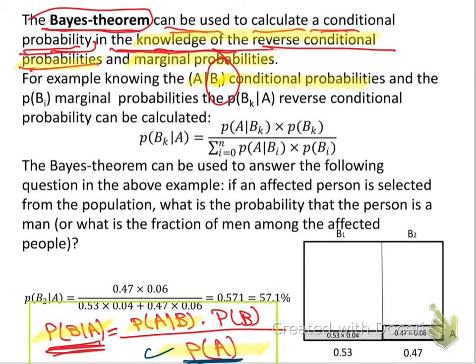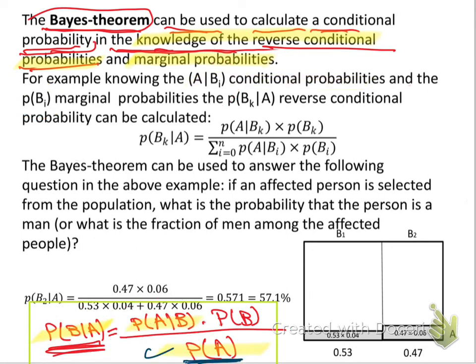So the probability of B, we have to take the marginal probability of B. Like here, we have A, the probability of B given A, and we'll find in the denominator the probability of A. So the last one is always in the denominator. So I have to know the reverse one, which is this one, and the one which is in the denominator, because I have to substitute here and substitute here.